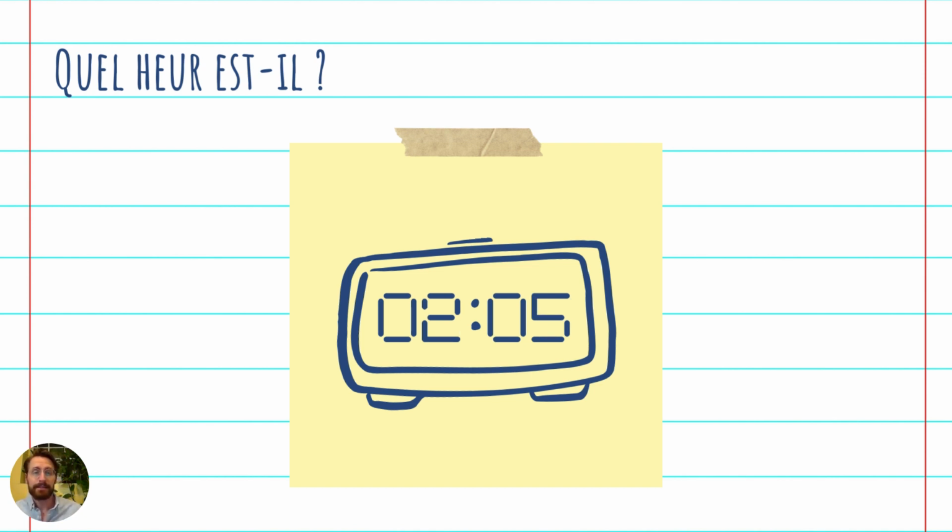Quelle heure est-il? Il est 2h05. Quelle heure est-il? Il est 6h17. Quelle heure est-il? Il est 3h12. Quelle heure est-il?